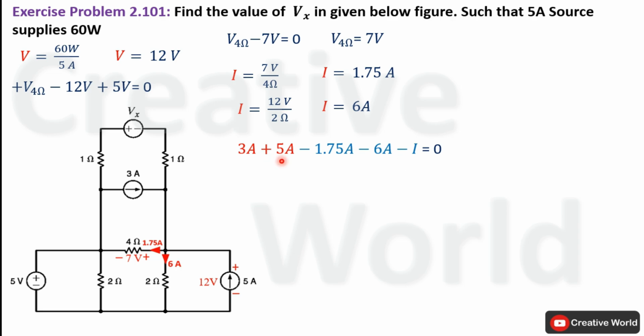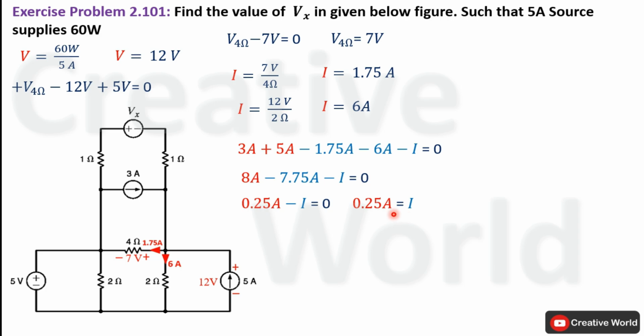Now add 5 ampere and 3 ampere together, it will become 8 ampere, and addition of 1.75 ampere and 6 ampere will become minus 7.75 ampere. Now subtract 7.75 ampere from 8 ampere, it will become 0.25 ampere, and place this minus I on the other hand side of equal to calculate its value, that will become 0.25 ampere.